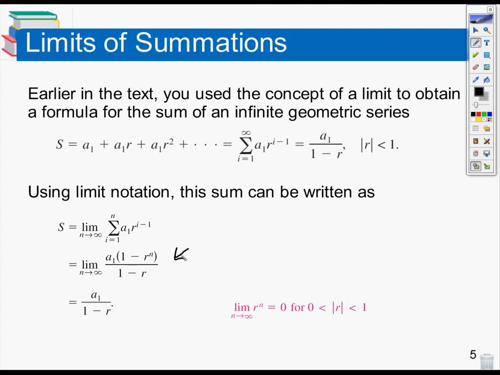So if we have a fraction raised to an exponent, and that exponent is getting bigger and bigger, that fraction is getting smaller and smaller. So this is approaching 0. That's the only thing that's really changing in this formula. Therefore, r raised to the n is almost negligible. If as n approaches infinity this becomes closer and closer to nothing, we can just ignore it.